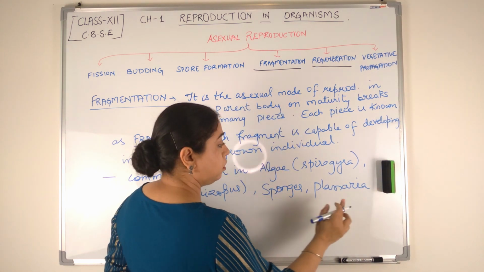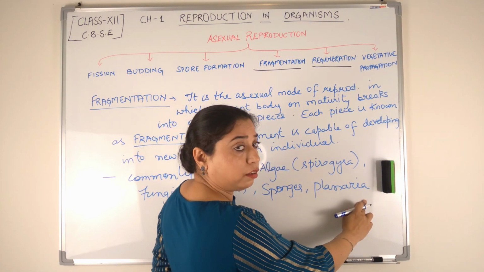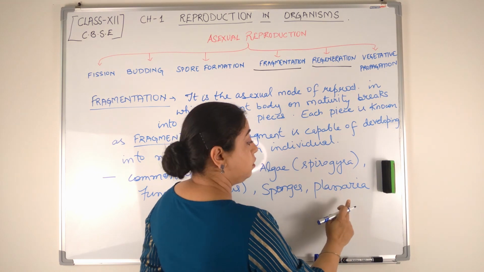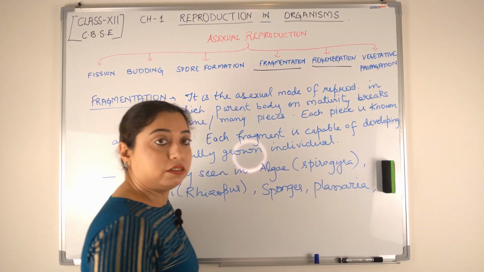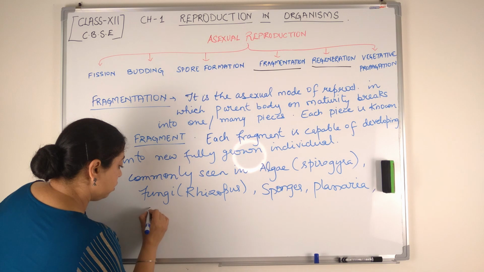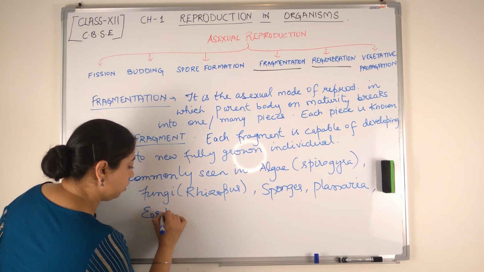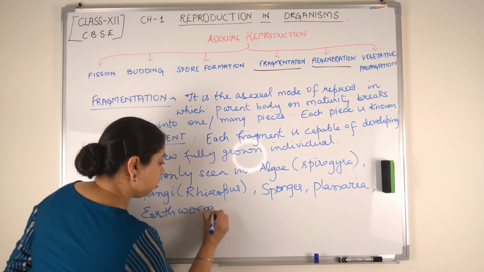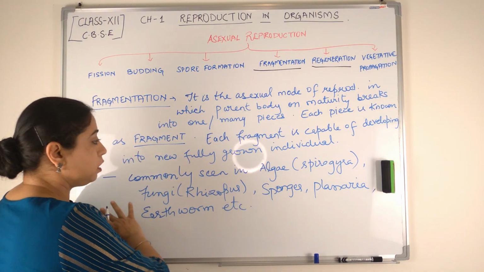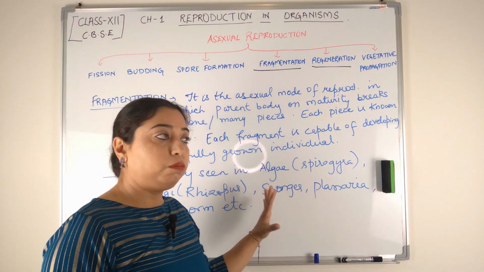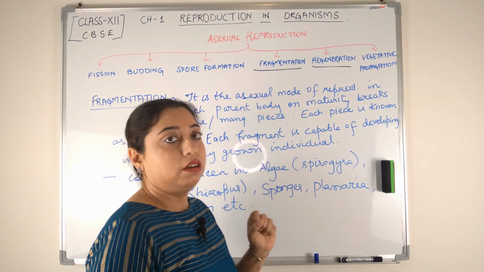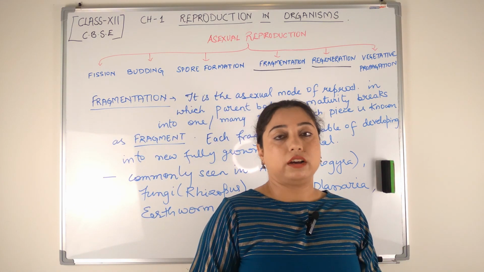Sponges means porifera. Planaria comes in the phylum Platyhelminthes, right? Then earthworm, which is an annelid, etc. So these are some of the organisms which perform fragmentation as an asexual mode of reproduction.